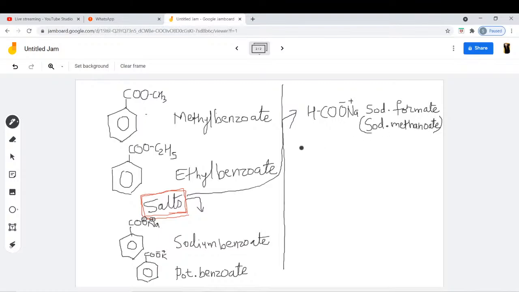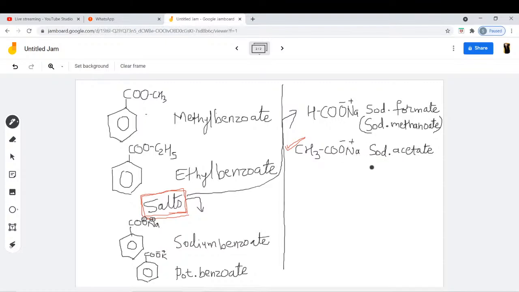Similarly, CH3COONa. Na carries plus and O carries minus charge. This is a very common and important example. Its name will be sodium acetate, because it comes from acetic acid, with H replaced by Na.